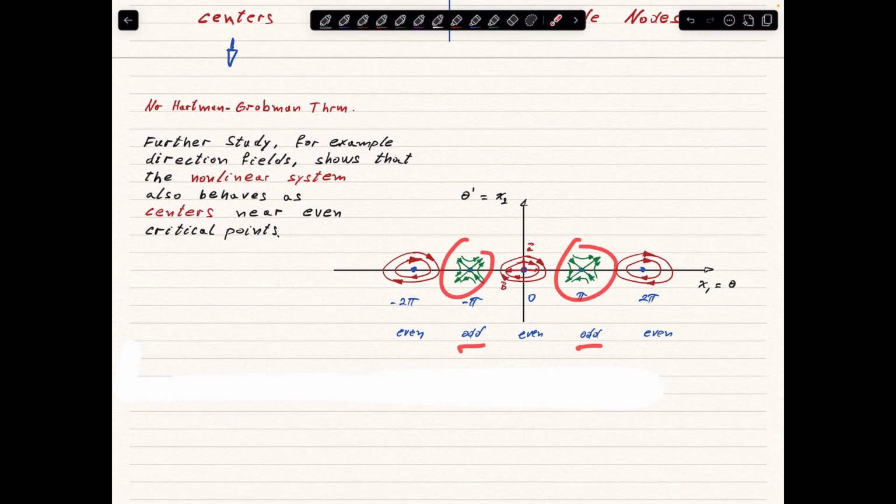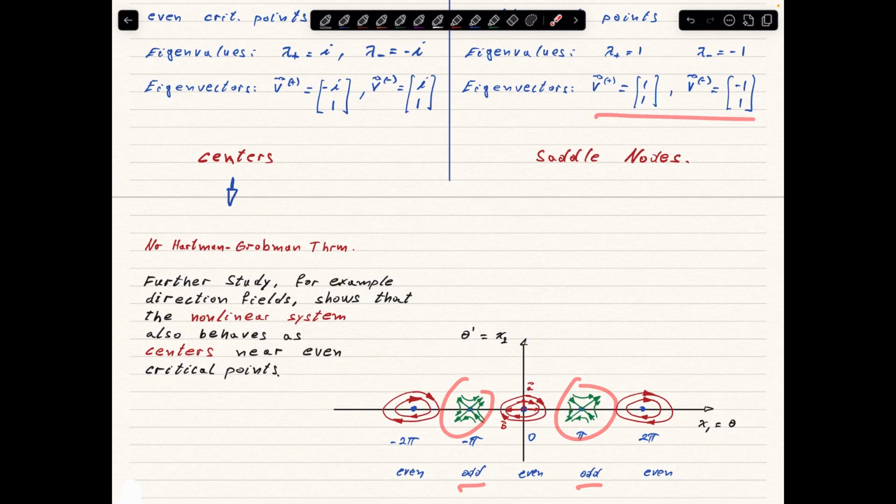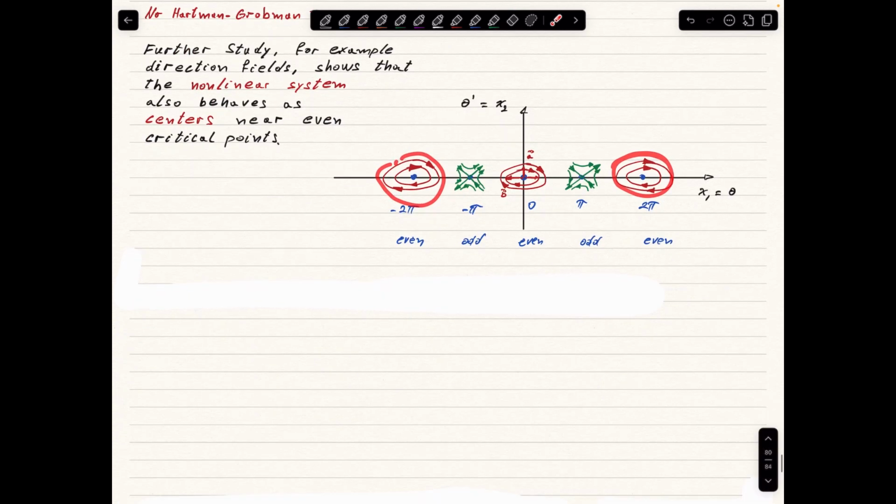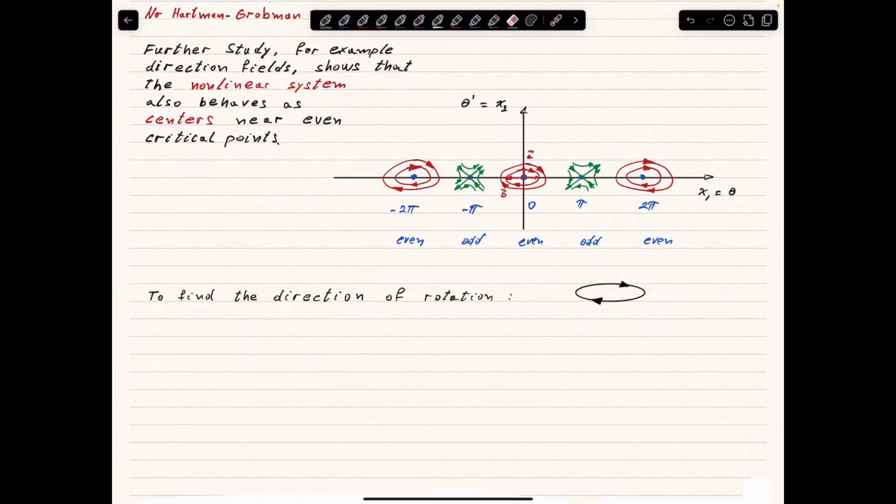We have saddles for odd critical points, with these eigenvectors giving you this picture, and then you have the centers, and the centers are rotating in this direction. Why are they rotating in that direction? Why did I draw the picture like that? Well, that comes from the eigenvectors we got. Recall that we have an eigenvector v plus, which is negative i, 1. This is just 0 plus negative 1 multiplied by i.